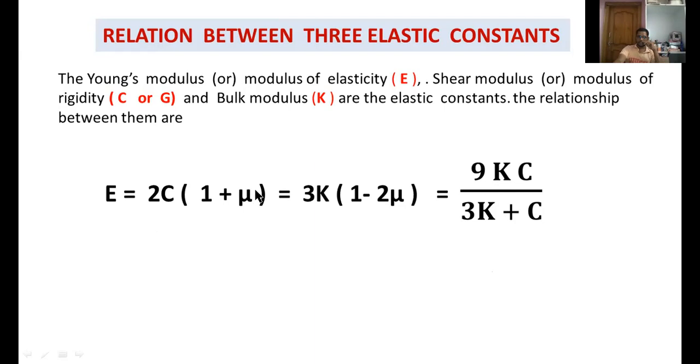Here mu is the symbol of Poisson's ratio.